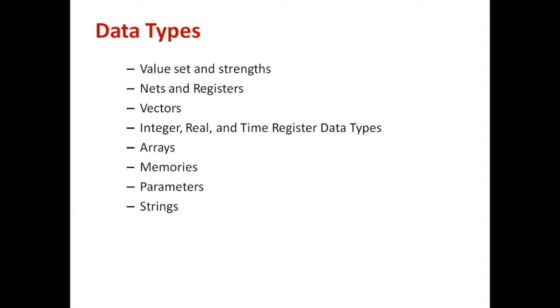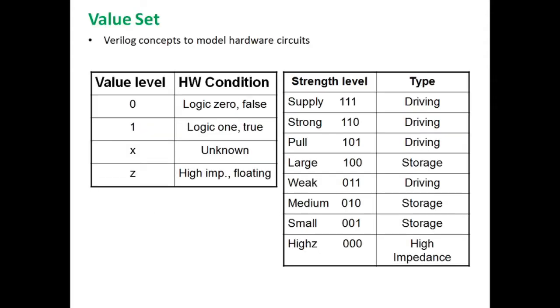Now we have many data types: value set, strengths, nets and registers, vectors, real-time register data types, array, memory and parameters, followed by strings. We will be looking at each and every data type one by one.